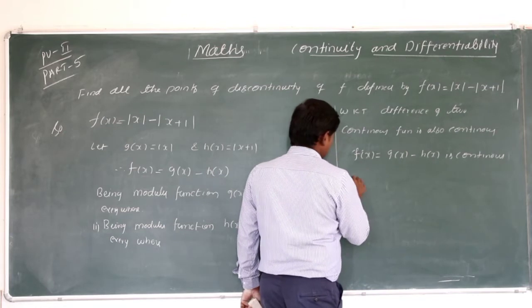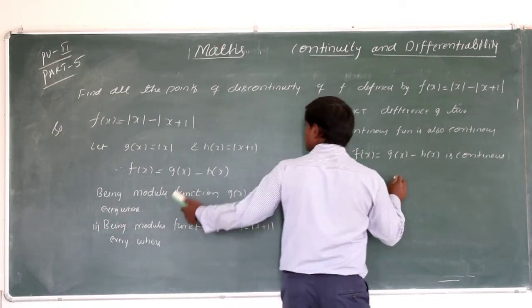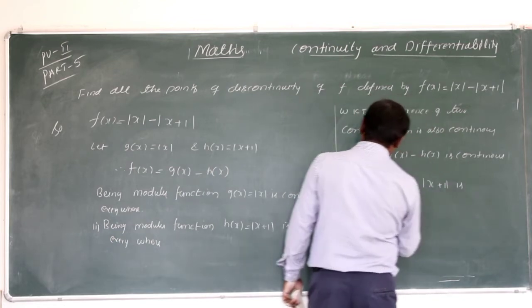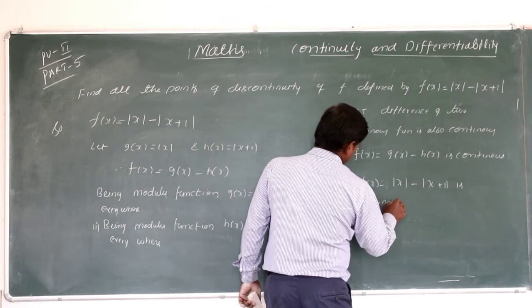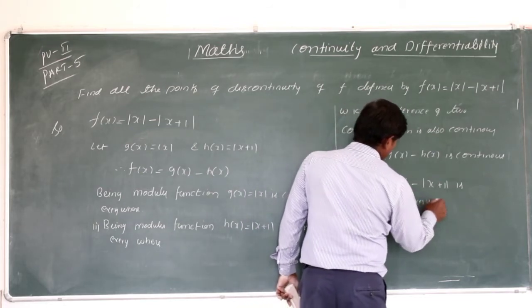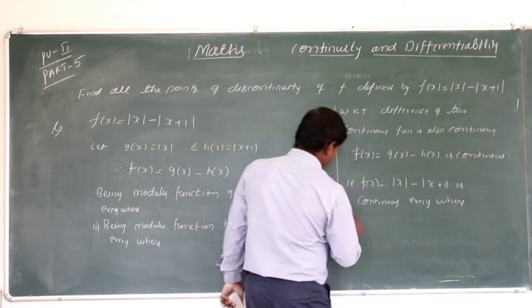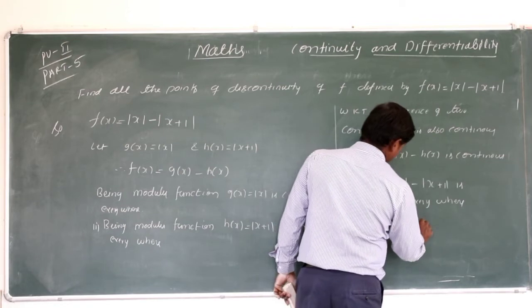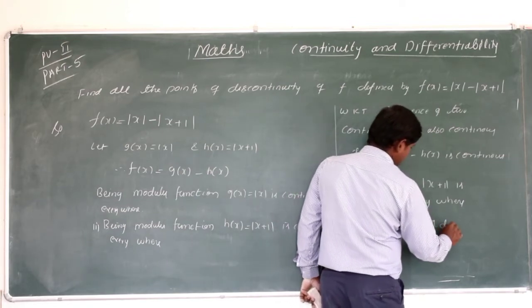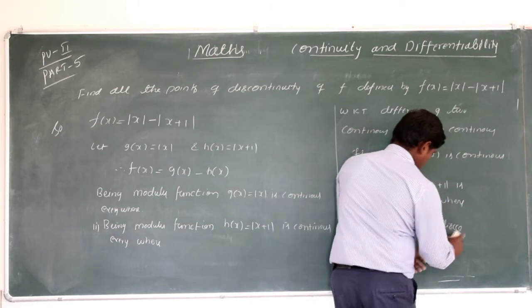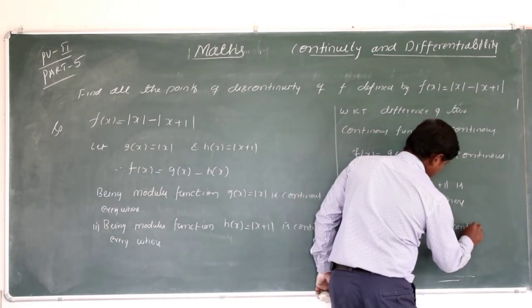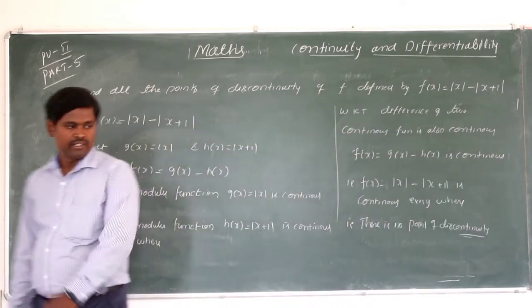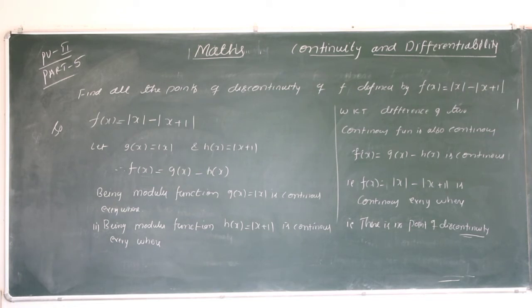That means f of x is equal to mod x minus mod of x plus 1 is continuous everywhere. So there is no point of discontinuity.